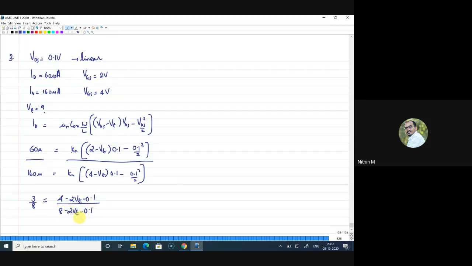So if you solve, it will end as VT equal to 0.75 volts. Karthik, it is not 0.3, it is 0.75. Any doubts?